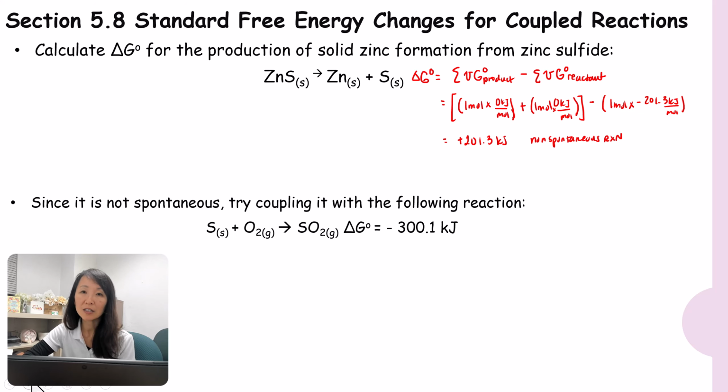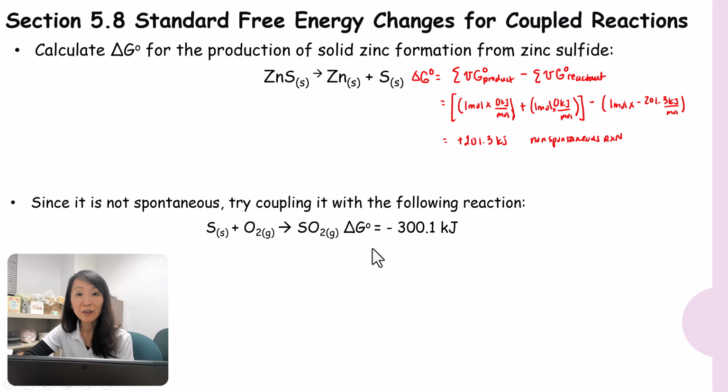A coupled reaction is just taking one of the products over here and allowing it to react with something else that is very spontaneous. For example, here is this sulfur, and that sulfur can be added with oxygen. So you add oxygen during this reaction, so that this sulfur will form into sulfur dioxide.